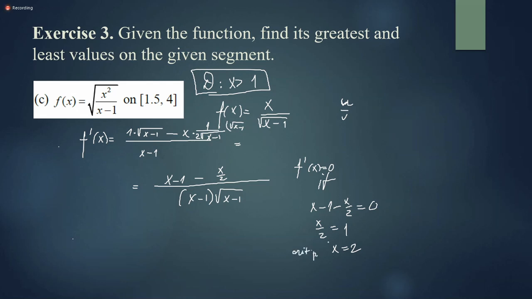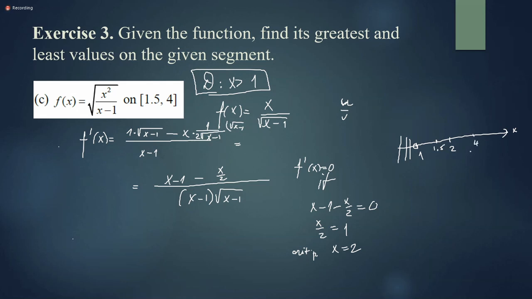Now to consider the values. We know that the function is only defined starting from x equals 1. So this part is not considered at all. Then x equals 2 is the critical point, and the interval is from 1.5 to 4.